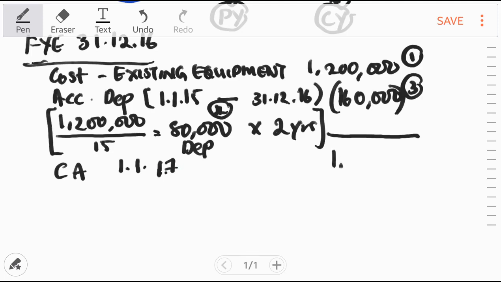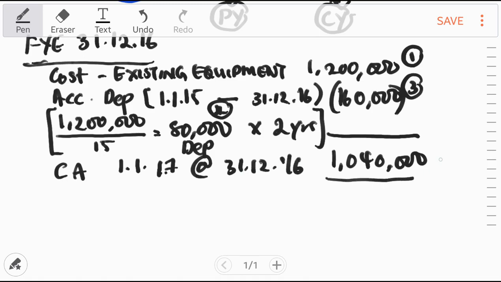So it's 1,040,000. Okay, this one I will label as number 4. So this is the working for the first year concerned, which is 2016.